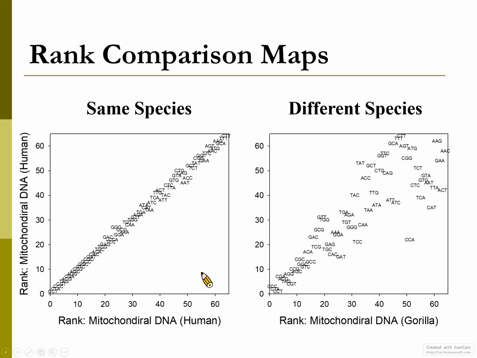So mitochondrial DNA is a very good indicator of evolution, because the mitochondrial DNA will vary from species to species. So if you compare the mitochondrial DNA between the same species, which is 2 humans, you have a very similar rank order statistics.